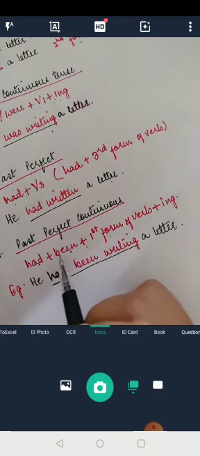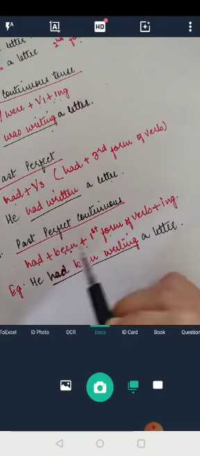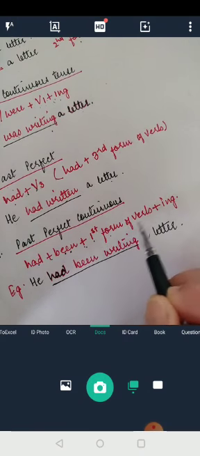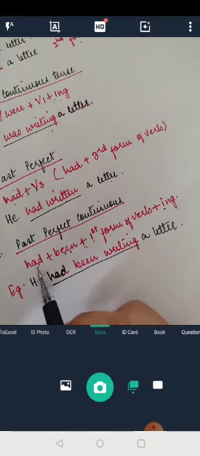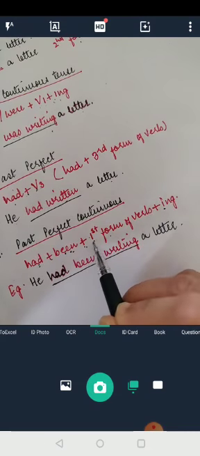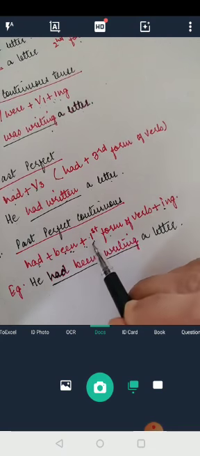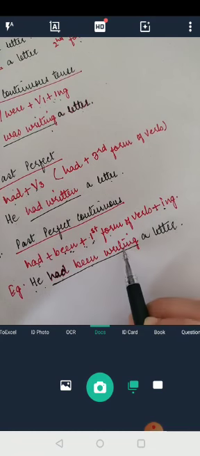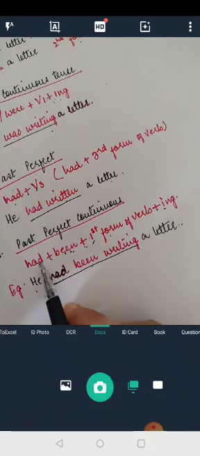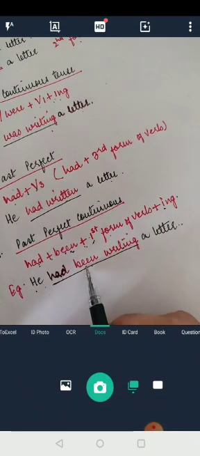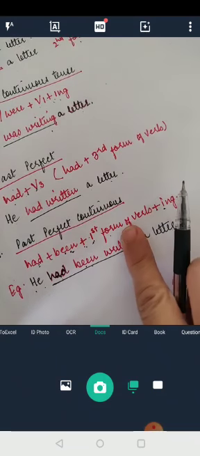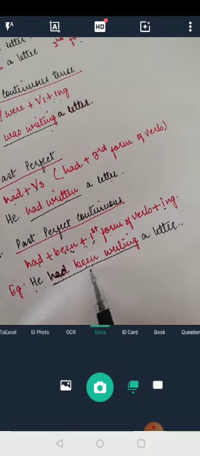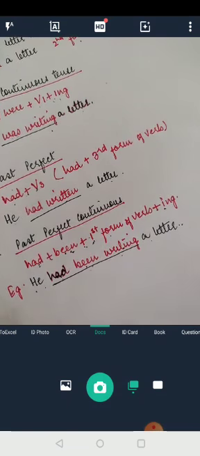With had we add been plus the verb in the first form plus ing. So had been, first form of verb, and ing to it. For example, he had been writing a letter.